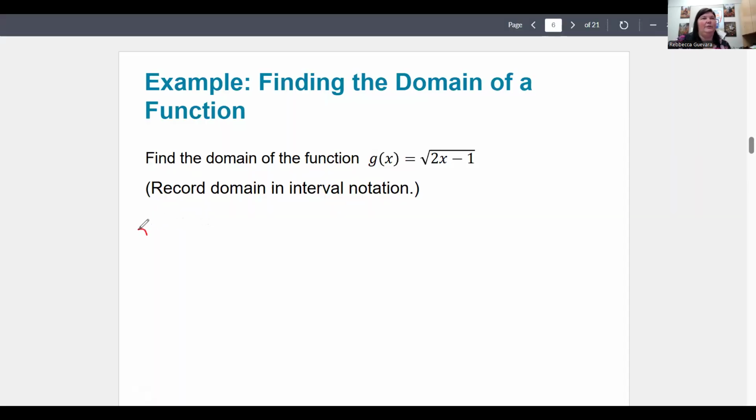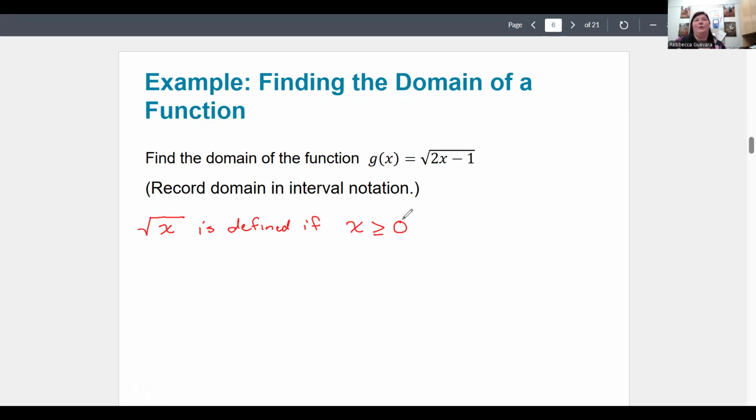Now, if we talk about square roots, one of the things that we know is that the square root of x is defined if x itself has to be greater than or equal to 0. I was writing that backwards. So the square root of 0 is 0, that's defined. The square root of 4 is 2, that's defined.